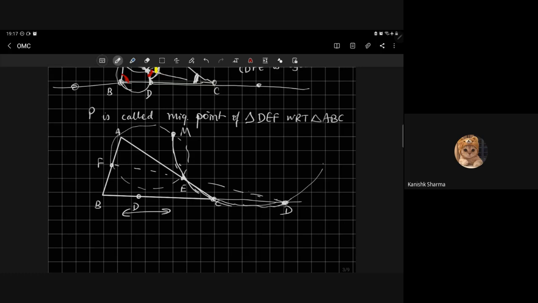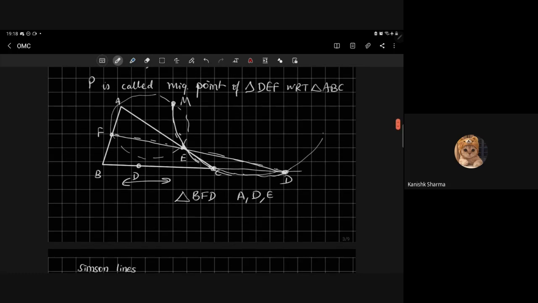So now what I'll do is I'll look at M from a different perspective, the perspective of triangle BFD. And we look at points A, D, E as on sides of the triangle BFD. Let me confirm.